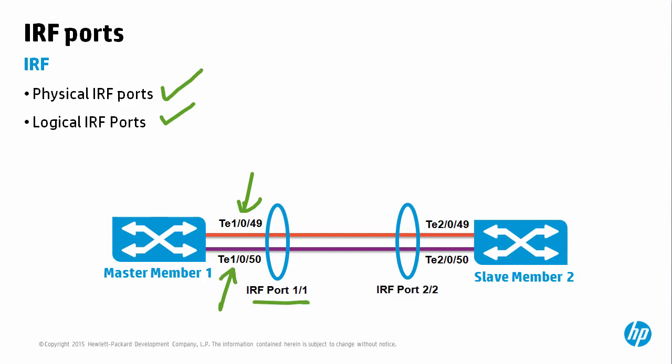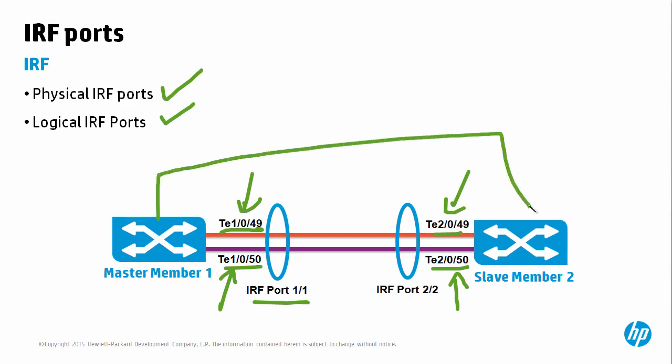The logical IRF port is not a physical port but a configuration option that dedicates specific physical interfaces to the IRF function. So these physical interfaces or physical ports cannot be used for traditional link aggregation or for traditional connections to other devices. These ports are now dedicated to IRF and can be seen as a logical extension of the backplane between these 2 physical switches.